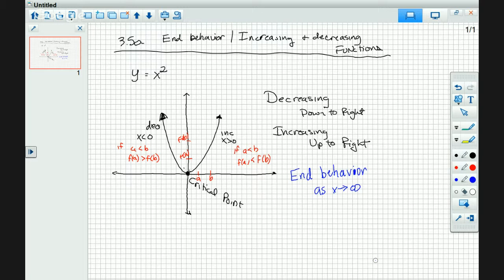So this would be as x approaches infinity, or goes to infinity. Some people prefer that language. At this point, it's not really particular.